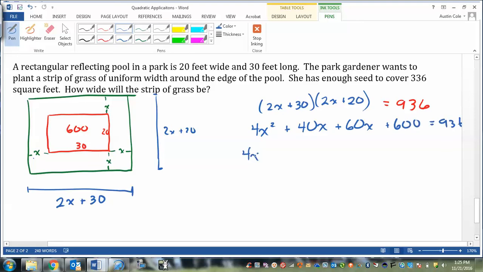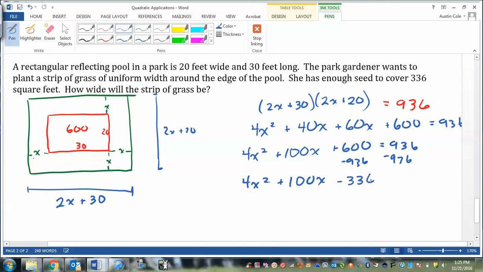So I get 4x squared plus 100x plus 600 equals 936. I need it equal to 0, don't I? Subtracting 936 on both sides, I get 4x squared plus 100x minus 336 equals 0.